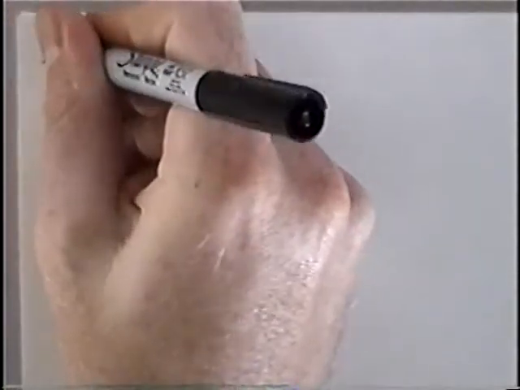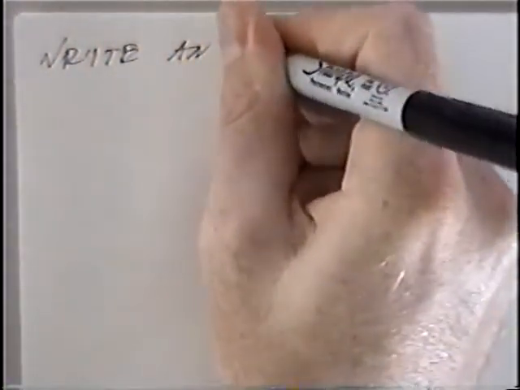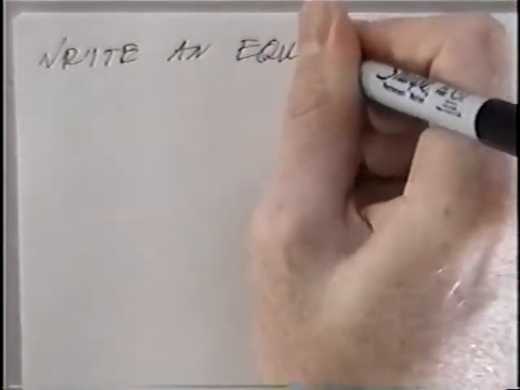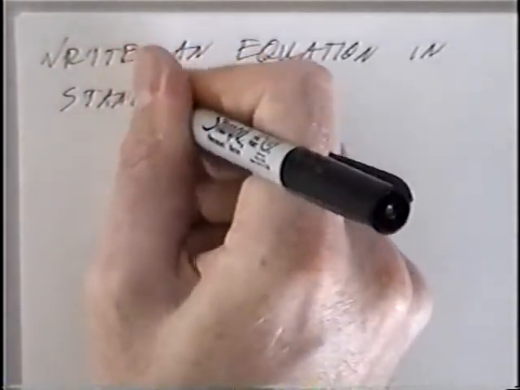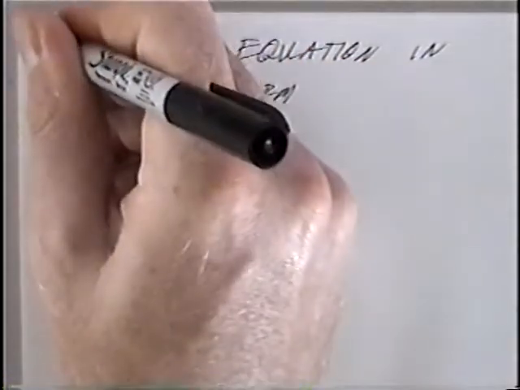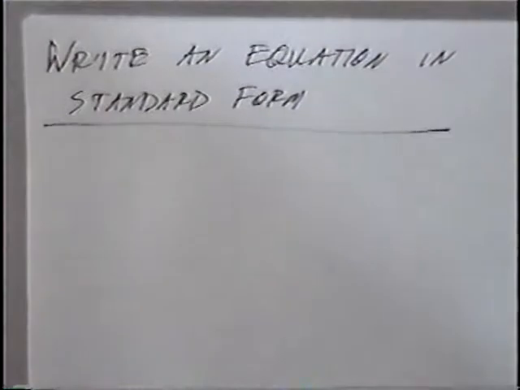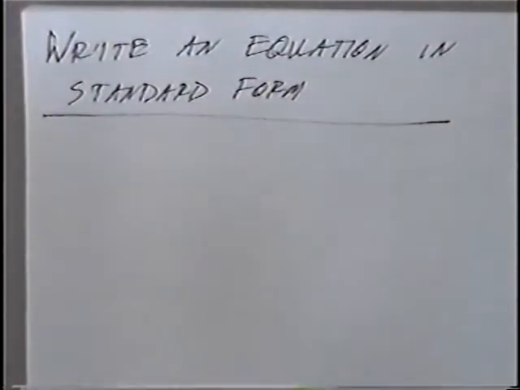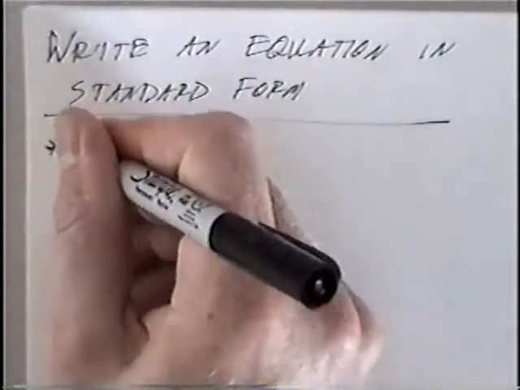Title of the next section is Write an Equation in standard form. One definition for the section is complete the square.